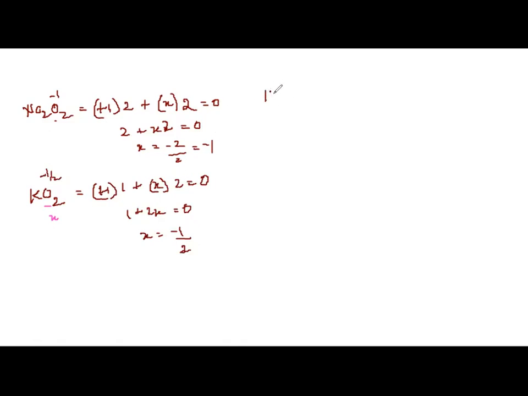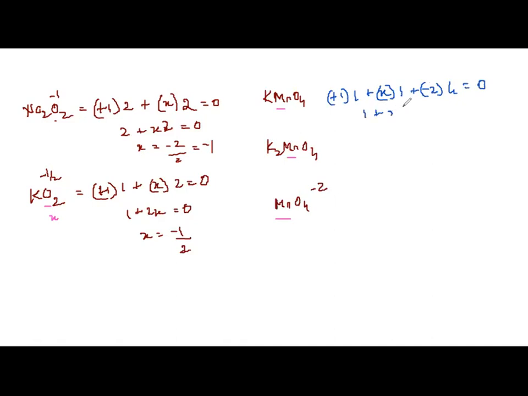One more example. KMnO4, K2MnO4, MnO4 minus 2. Solve all of this. Okay, let us see. For Mn, we are going to solve. So potassium plus 1 into 1 plus Mn X into 1 atom only plus oxygen minus 2 into 4 atoms is equal to 0.